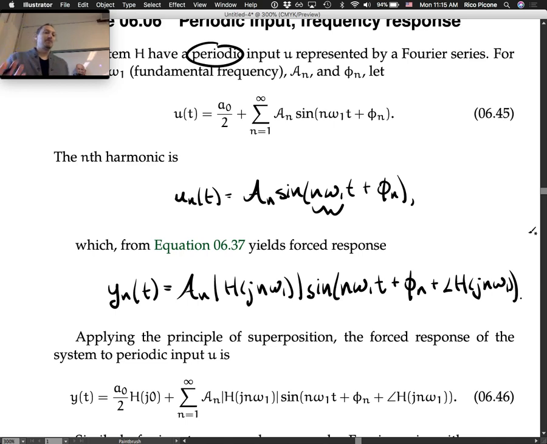This is just equation 637 from a couple lectures ago, but written specifically for this as our input. Each term in the Fourier series contributes this output. Now, we can use the principle of superposition.